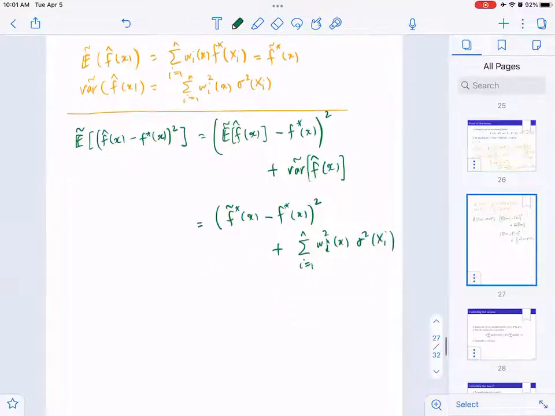That's almost there. Now at this point, what I'm going to do is just plug in, because this expectation is like an integral. If I plug in a random x, the test point, this doesn't affect anything, because it's independent of everything else.